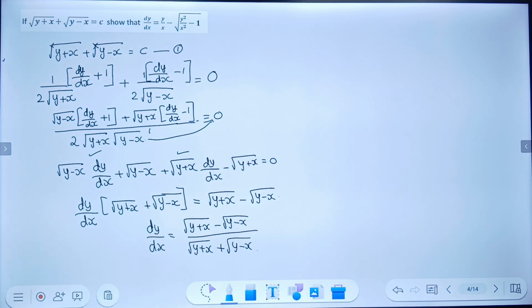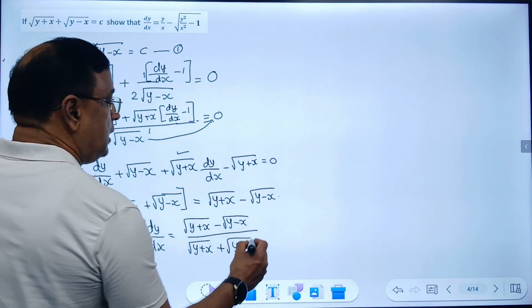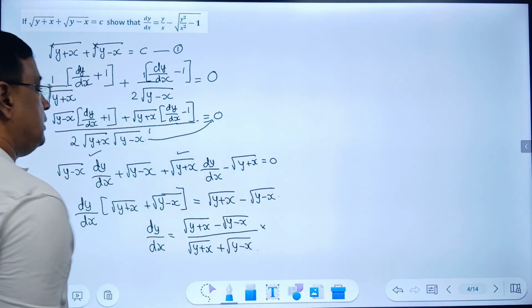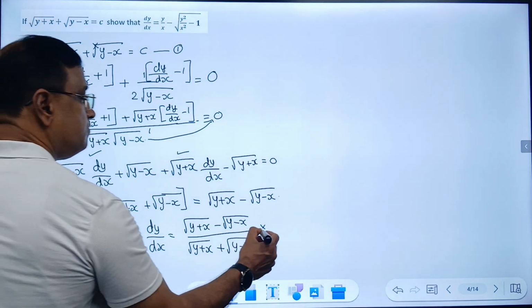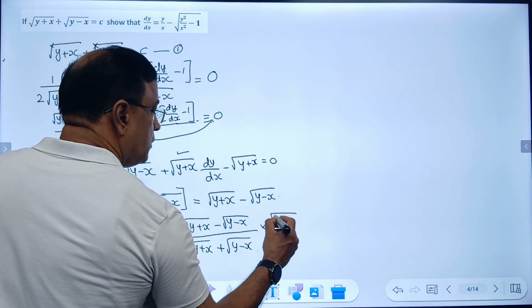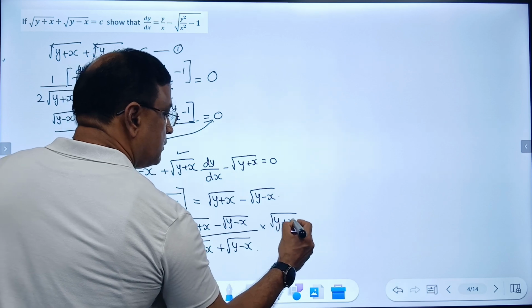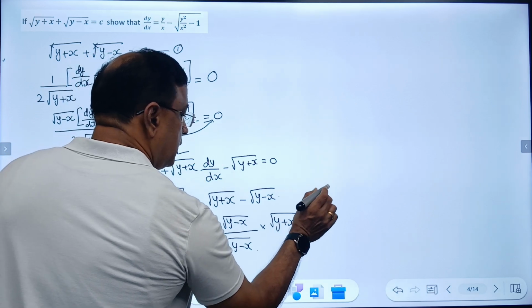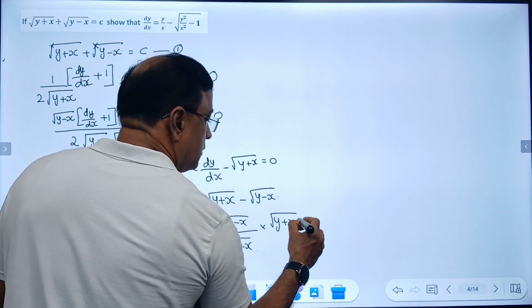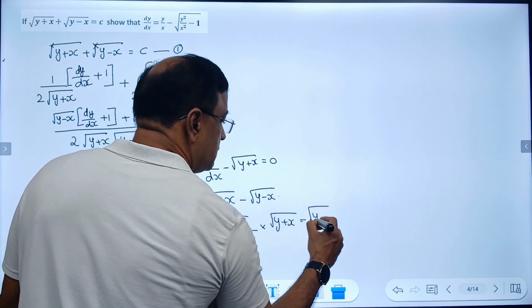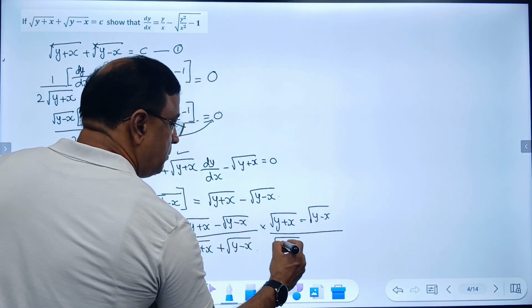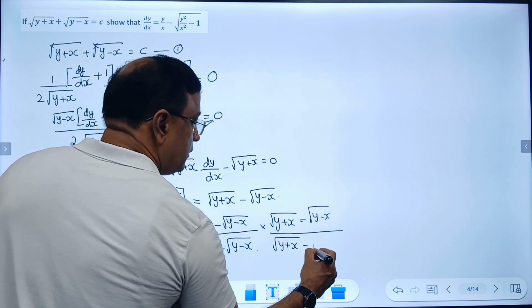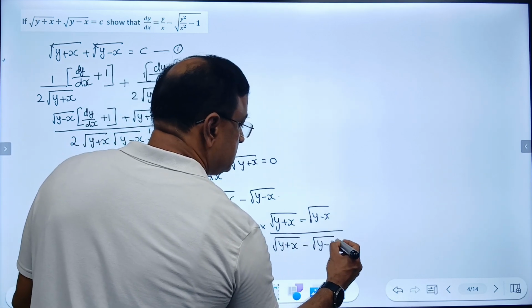Now what I should do? I will rationalize. I multiply and divide by root of y plus x minus root of y minus x divided by root of y plus x minus root of y minus x.